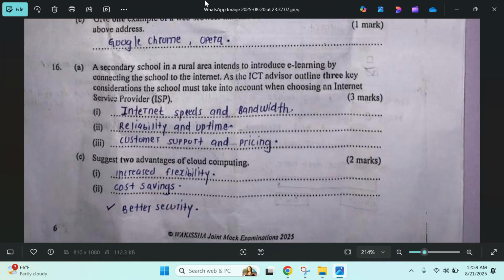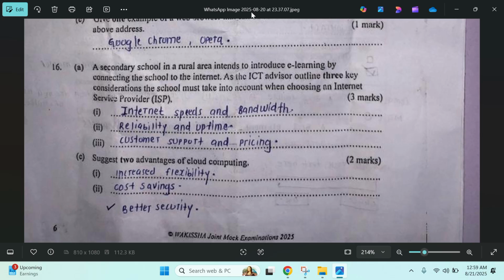16. A secondary school in a rural area intends to introduce e-learning by connecting the school to the internet. As an ICT advisor, outline three key considerations the school must take into account when choosing an internet service provider.